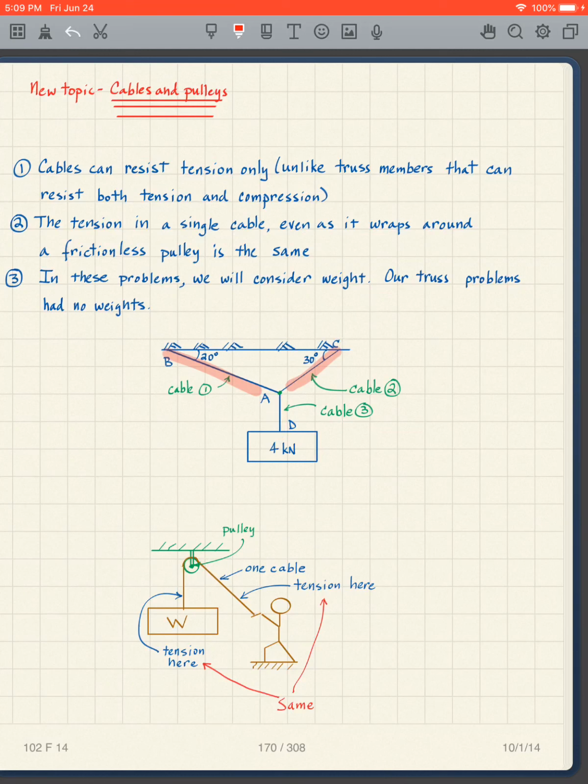So you have to look at the problems and count the number of cables you have. These become a little bit like truss members in a sense. They're connected at a node. In these problems we'll consider weight. Our truss problems didn't have weight, so we're going to add a little complication to these.